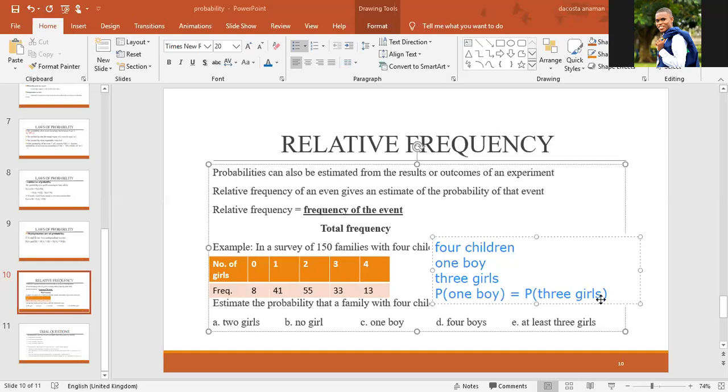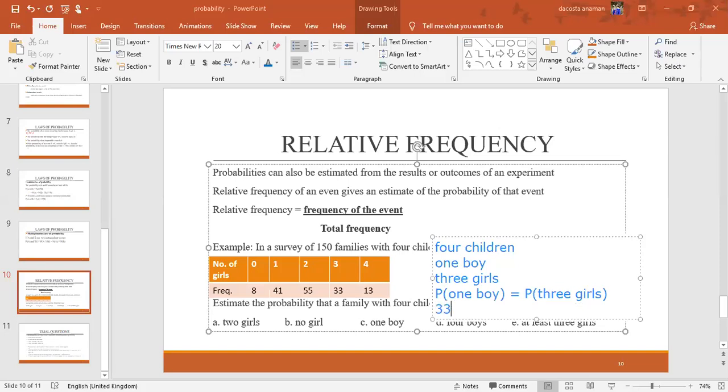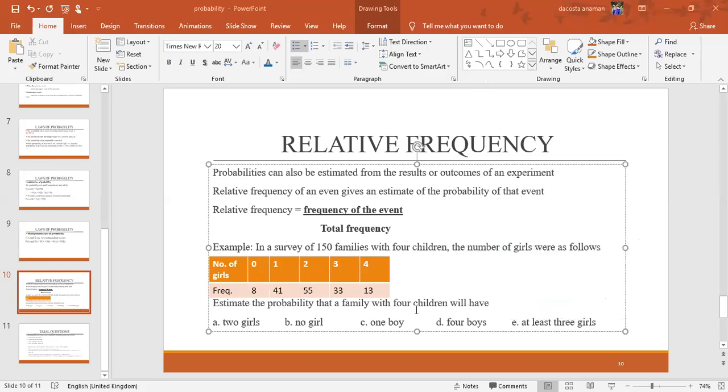That's why the probability of finding one boy is equal to the probability of finding what? 3 girls. I hope you get it now, Regita. Therefore, you'll be getting 33 over 150. Bridget, I hope you get it now. Yes, sir. That's good.